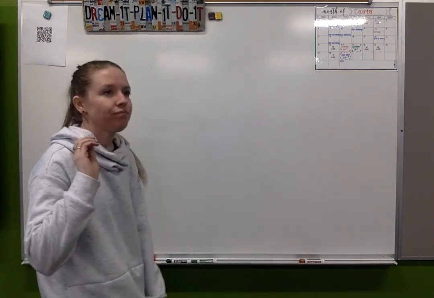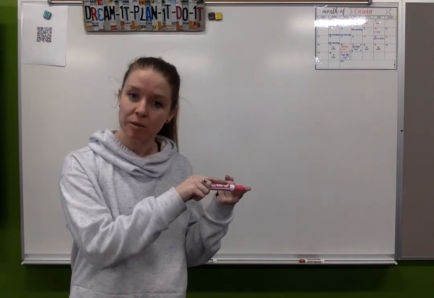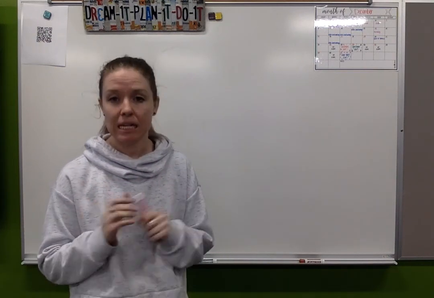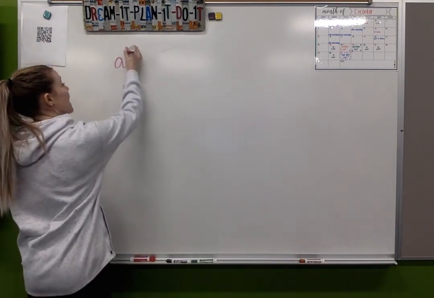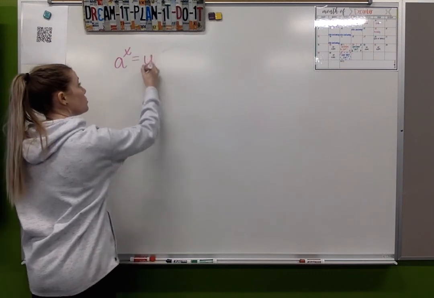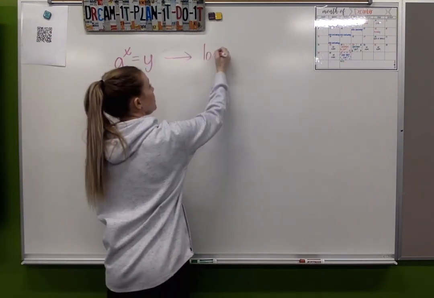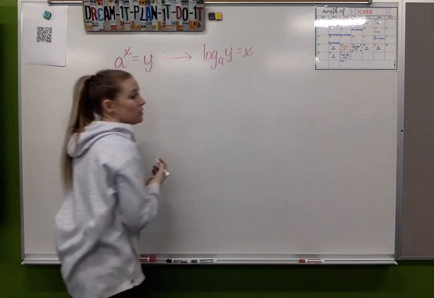Okay. So last time we talked about how to convert exponentials to logs and logs to exponentials. Without that skill, today's kaput. So, just a reminder, when we have a to the x equals y, this becomes the log base a of y equals x.